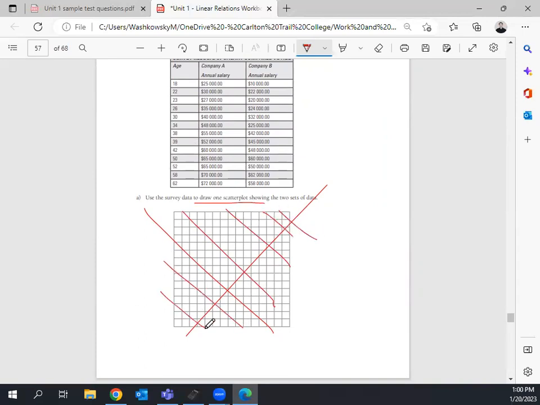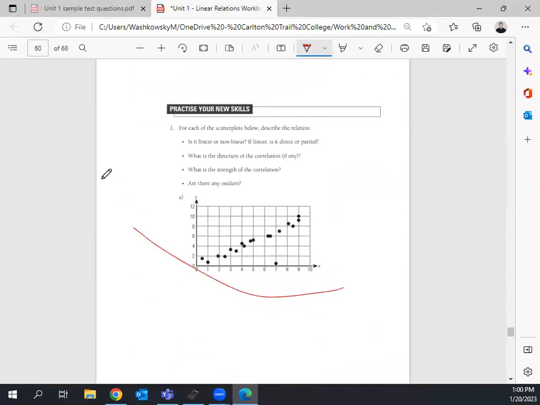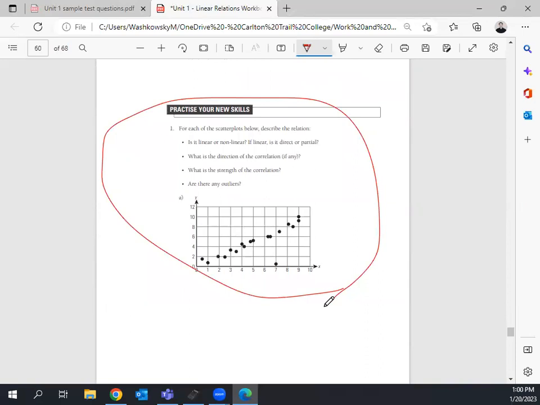I have full confidence that you could draw this. I want you to go to the questions where you need to analyze a scatter plot. That's the important skill. It's not being able to draw it, it's being able to look at it and draw a line of best fit and figure out the equation from it and understand, is it linear? Is it not linear? Is there a correlation? Those are the types of skills that you want to be able to display.